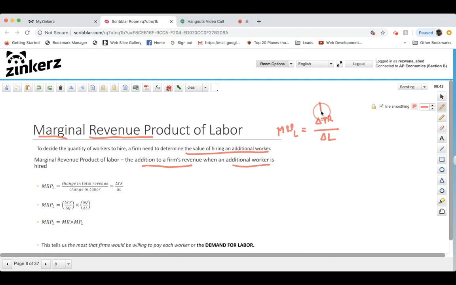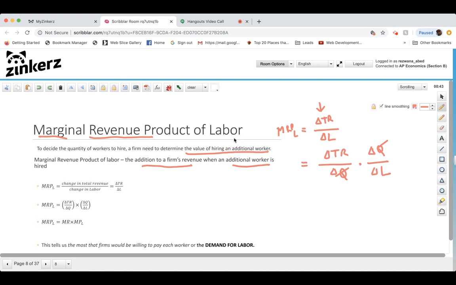So it goes like this: the change in total revenue divided by the change in labor. We can tweak this notation a little bit to give us something that we are more familiar with. If I bring in change in quantity, multiply by it and then divide by it, these things cancel each other out, and I have the same basic formula that I started with.